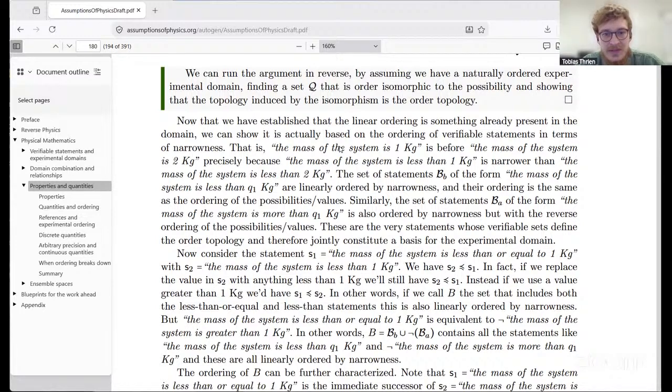The set of statements on B of the form "the mass of the system is less than Q1 kilograms" are linearly ordered by narrowness. And their ordering is the same as the ordering of the possibilities / values.